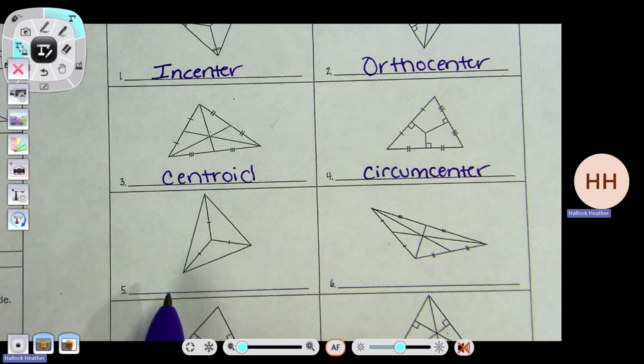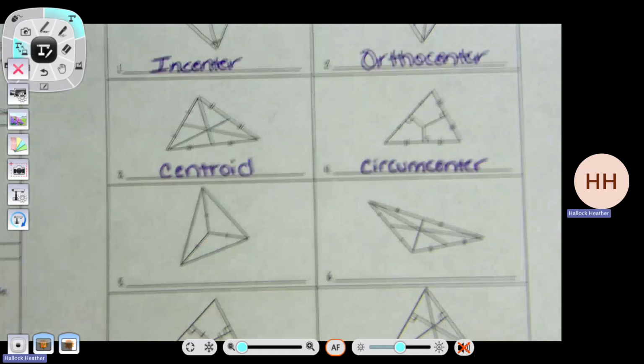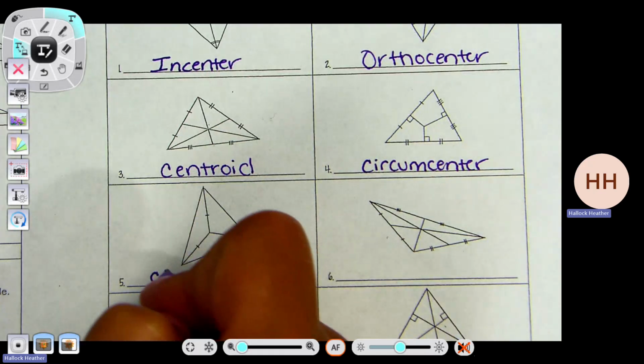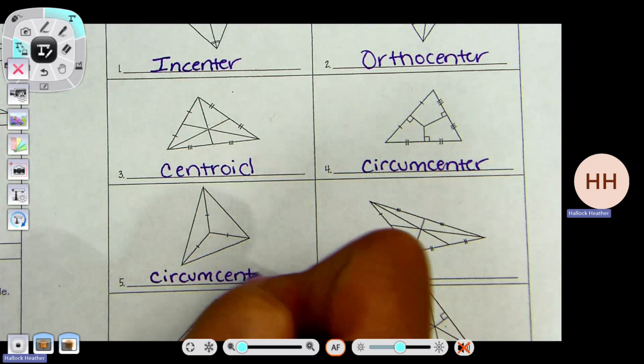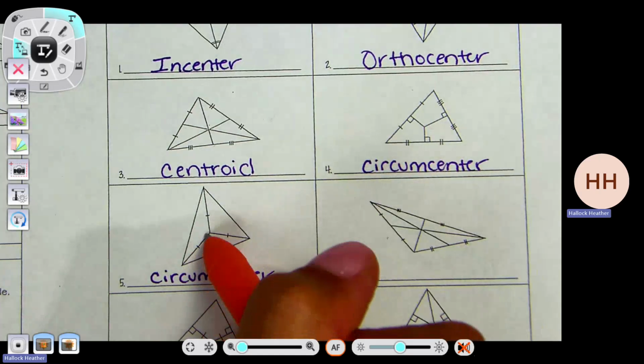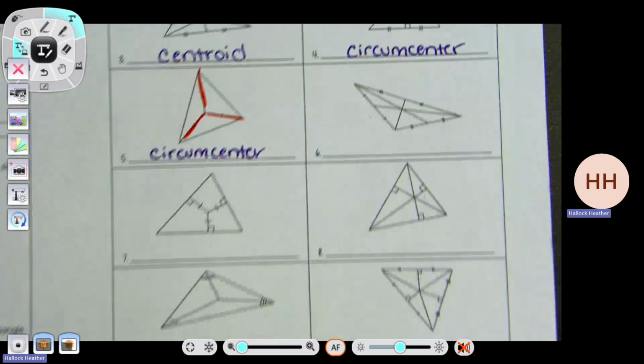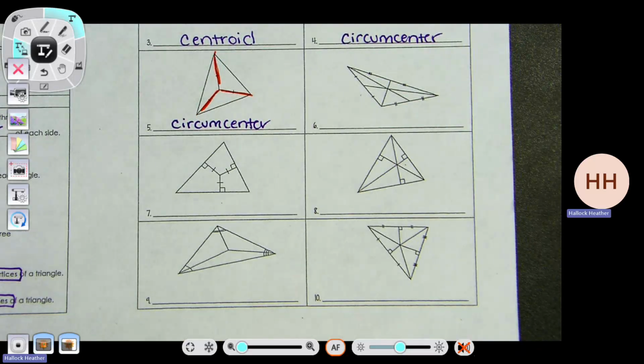The circumcenter, because the hypotenuses are congruent. Oh, I see. Okay, take a second, try the last 5. They're not going to show every single marking, so you have to look at what they're giving you.